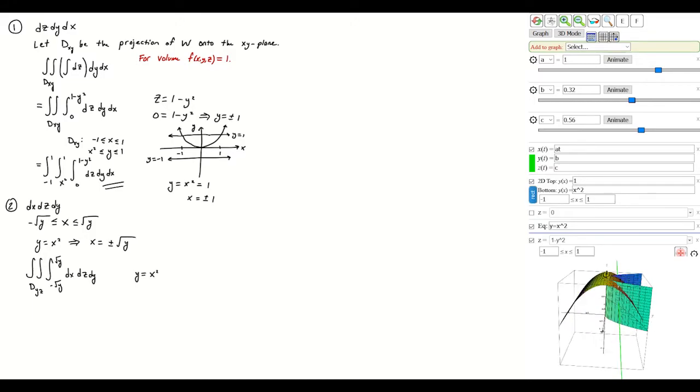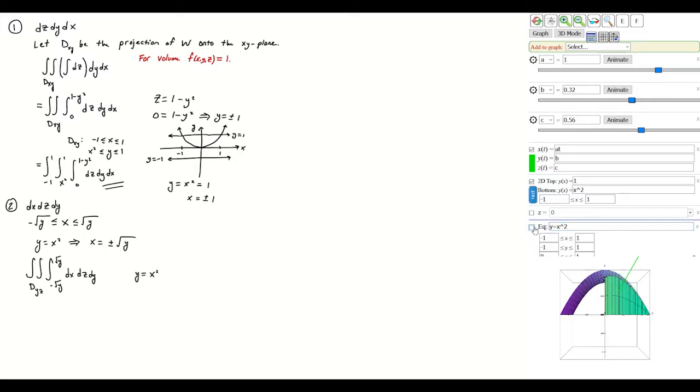Because if we look above the YZ plane, it really does seem to be that this is the top surface. So if we forget about this one for a second, we can just erase that. This region here is bounded above by this.